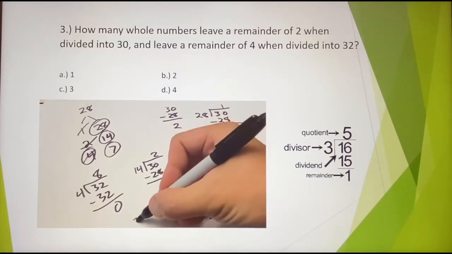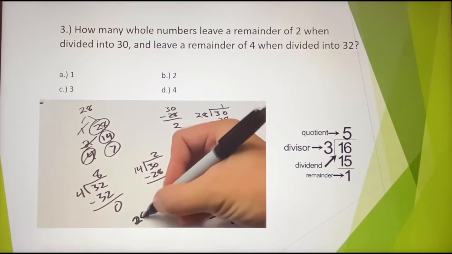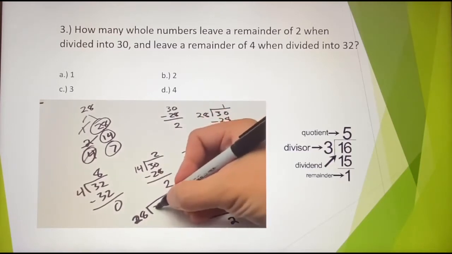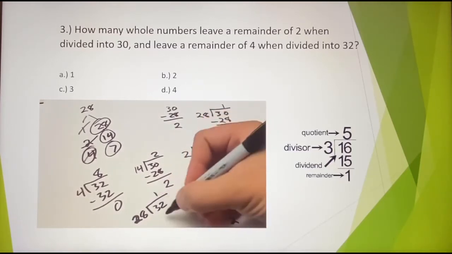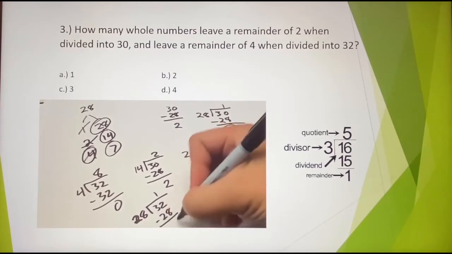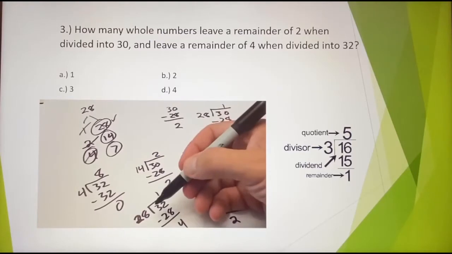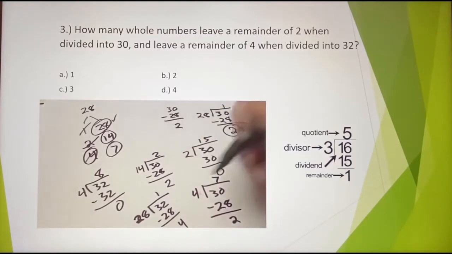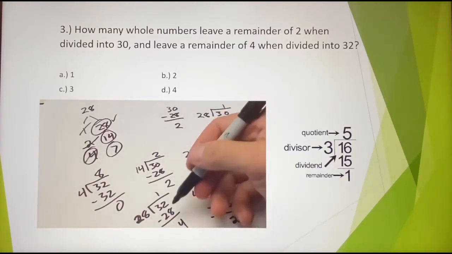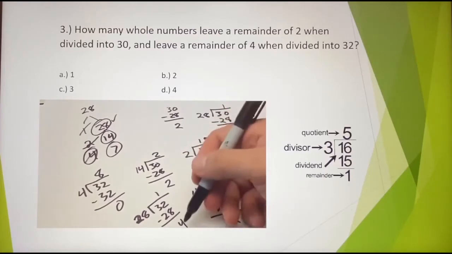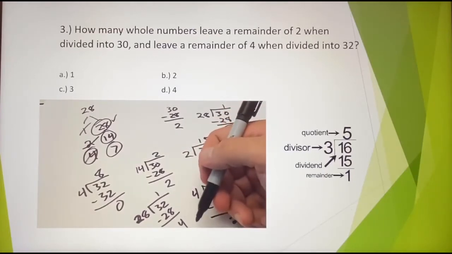So all those numbers, if we divided into 32, 28 goes 1 time, and it leaves a remainder of 4. 14 is going to go 2 times and give us that 28, and then 28 is the number that we're going to subtract from 32, and we're always going to get a 4.